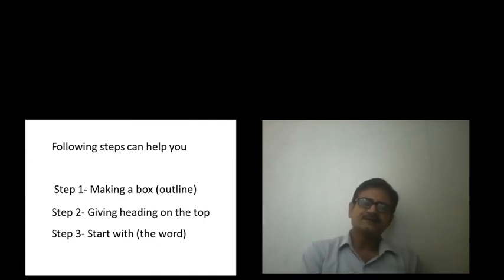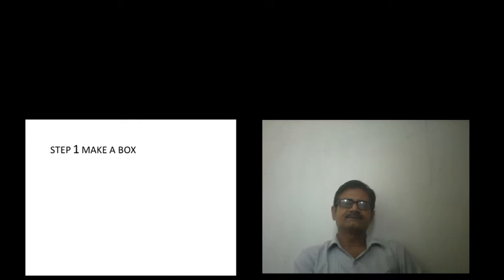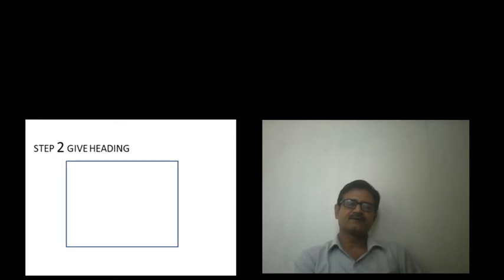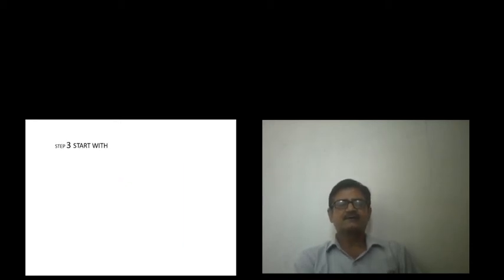Second is giving a heading on the top, right? And third is the start-with word. Let us see how. See, first step, making a box. In the second step, we give the heading. The box is already there. Now here is the heading. Where do you give the heading? You give the heading on the top, middle position. Third step. Be careful.